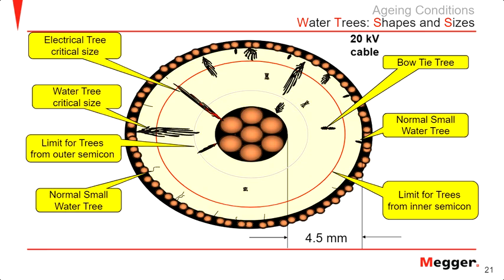And this is the water tree of critical size growing from the outside towards the inside. If it has surpassed this blue line, then it is likely that it will fail during service. This is just a good representation of what is a critical versus a non-critical water tree. And the total length between your center conductor and your outer jacket is 4.5 millimeters, and that shows your length of insulation.